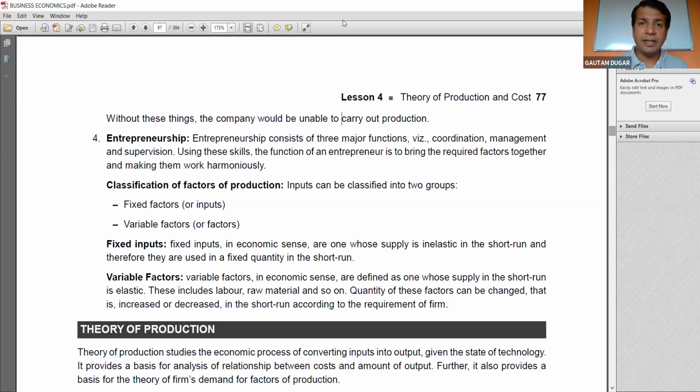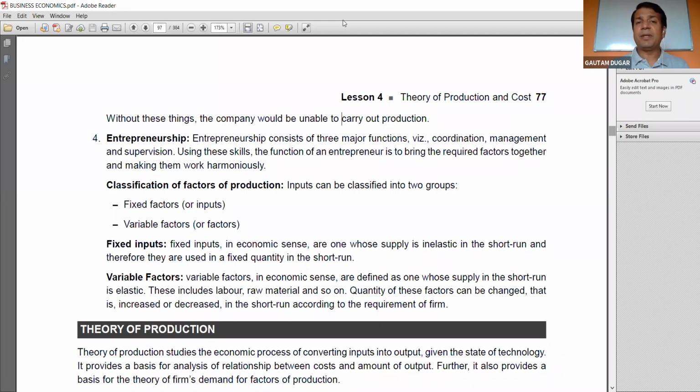He initiates a business idea. He bears the risks and uncertainty of the business, and innovation. As per Schumpeter, the main function of the entrepreneur should be innovation. Risk and uncertainty bearing is also definitely a function of the entrepreneur.